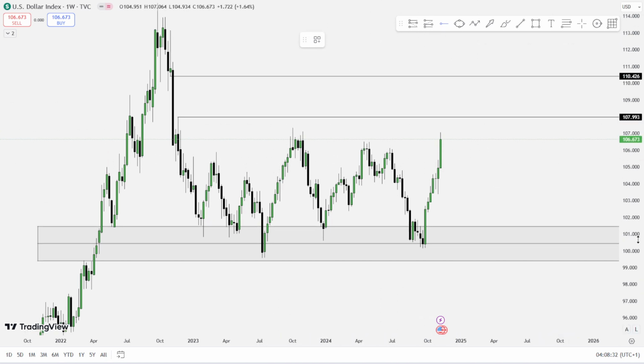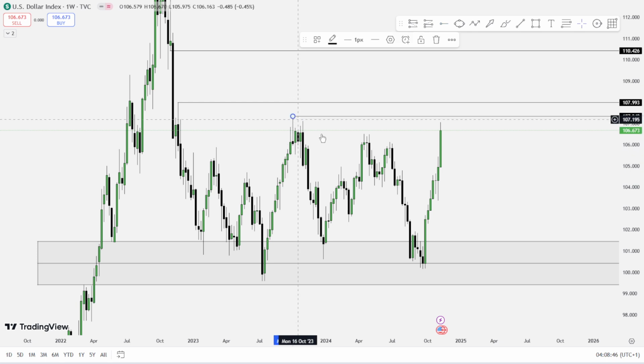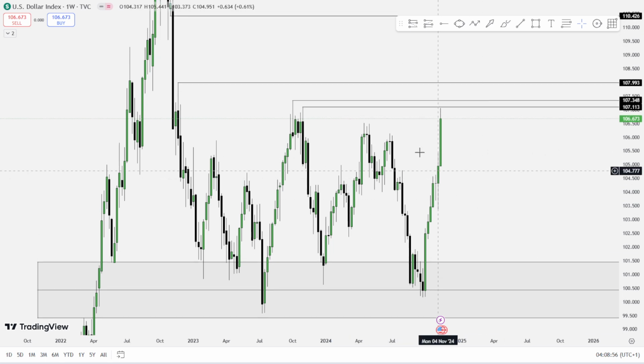Okay, where are possible liquidity areas that price is interested in? Like you all know, price is always seeking liquidity from one point to another. So from the weekly time frame, you just have to highlight the liquidity zones. We have one liquidity right in there. We have another right here, which price is almost close to.